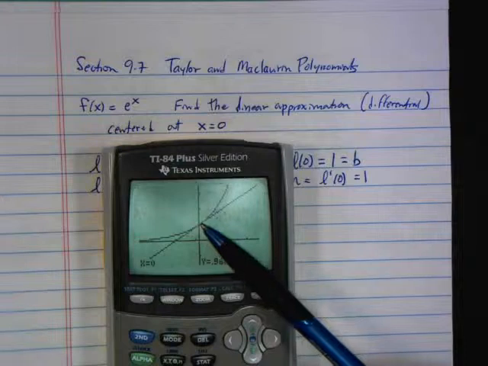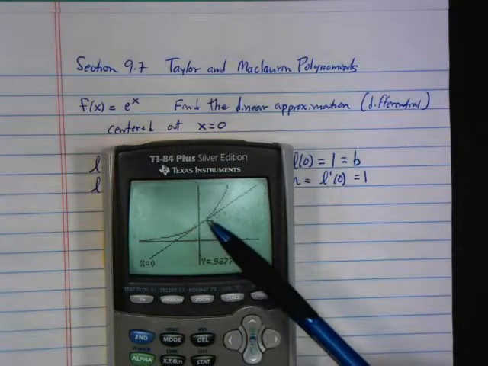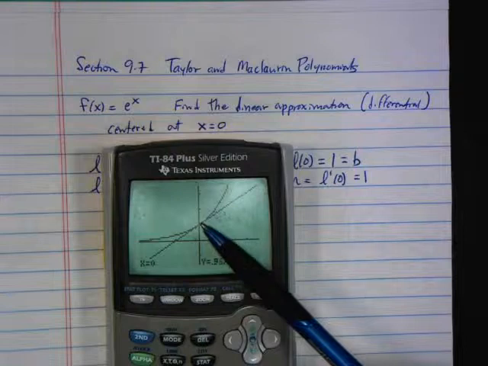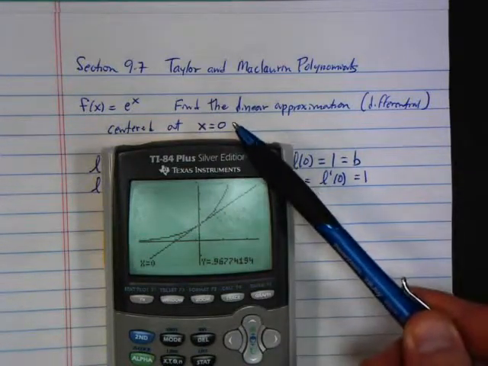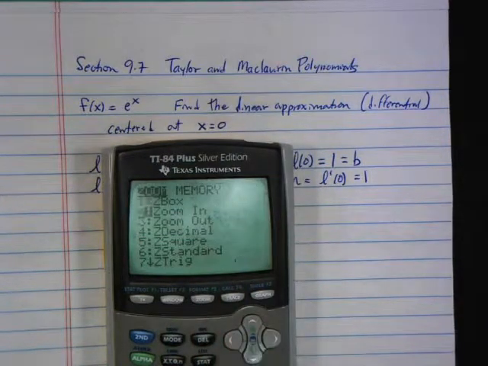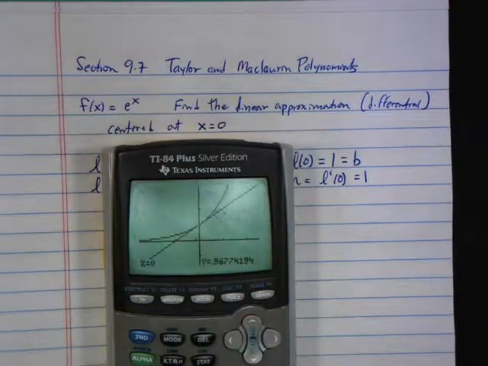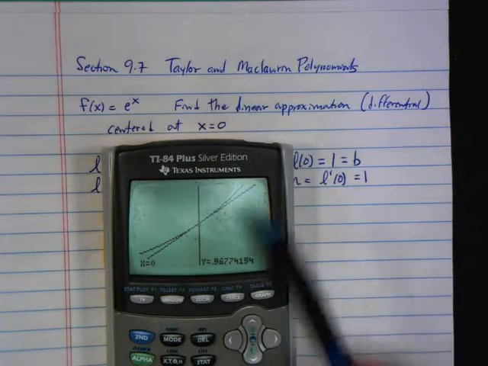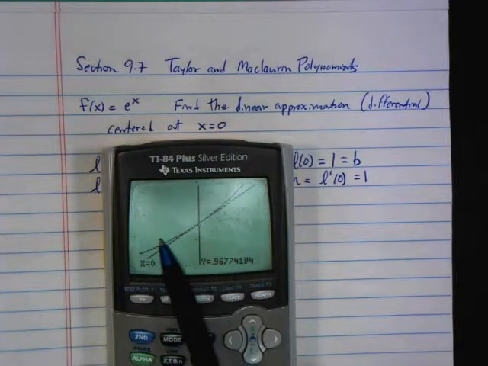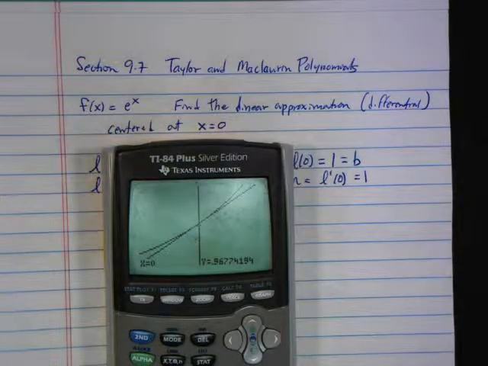If I'm close to 0, my line and my curve are pretty close for a while, aren't they? After a while, of course, the curve goes off and it's no longer good. But if I were to zoom in again, there's my curve, and there's my line. Does my line do a good job of approximating the curve? For a very short while. I mean, our window now is very, very small. It does a good job for a very, very short time.